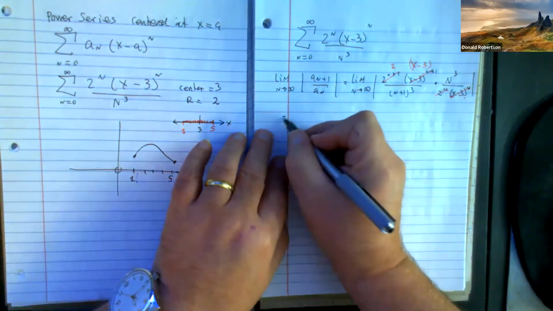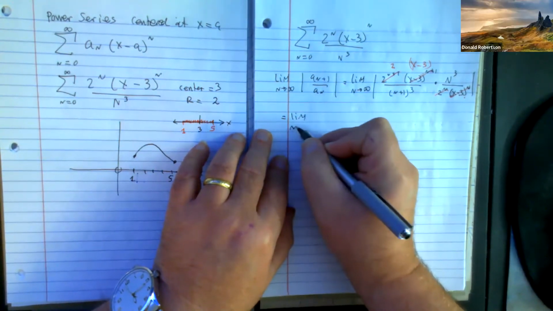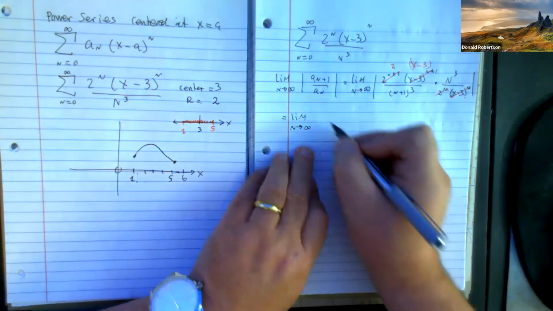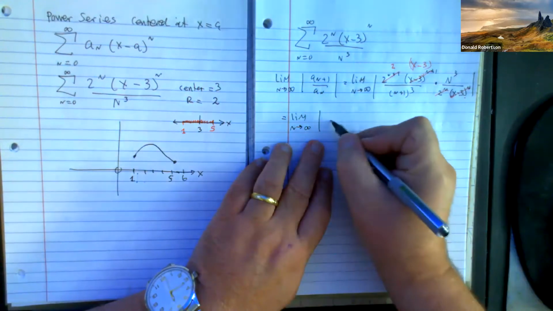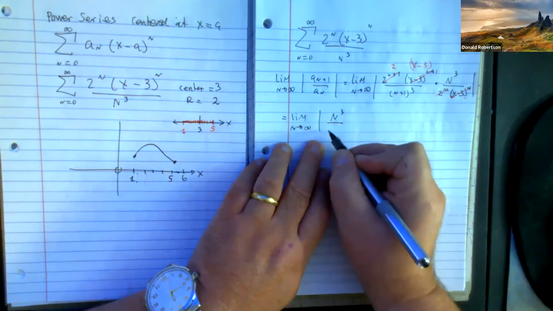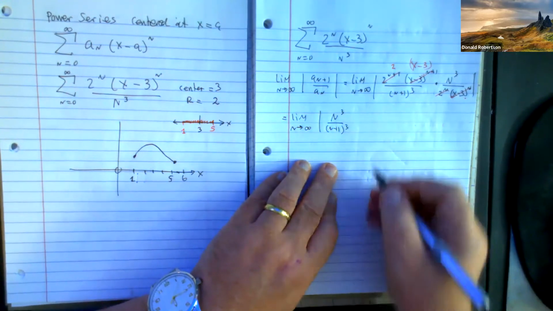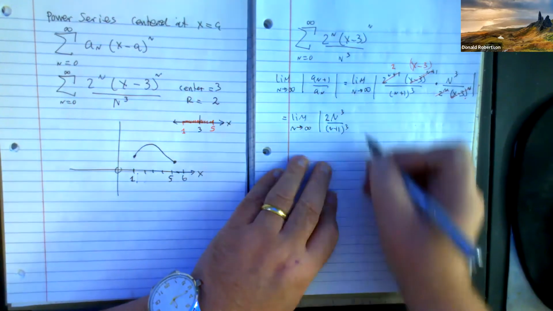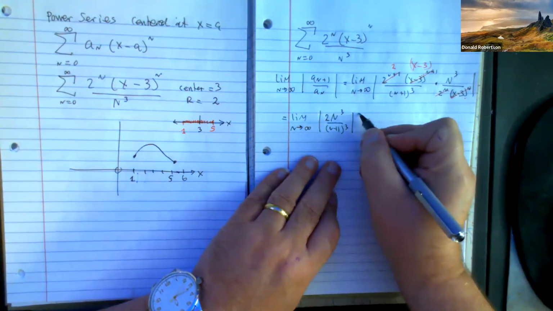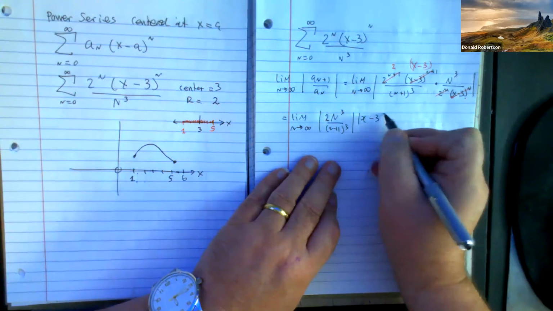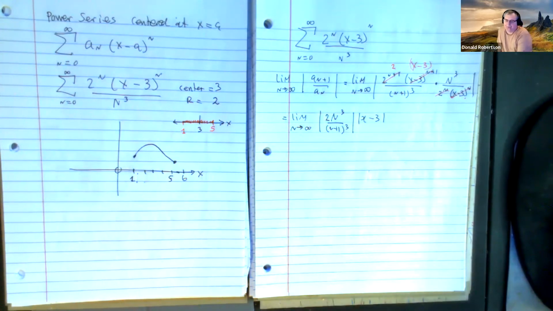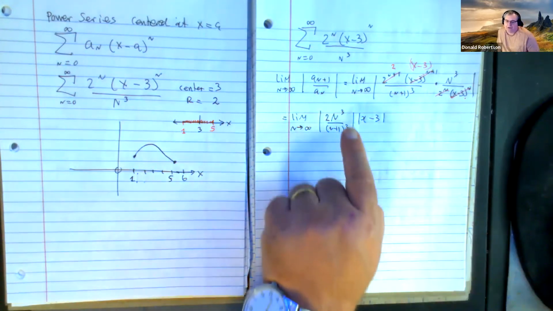So what we've now got is a limit as n tends to infinity of n cubed over n plus 1 cubed, a 2, and that guy, right? That's all the pieces that are left.